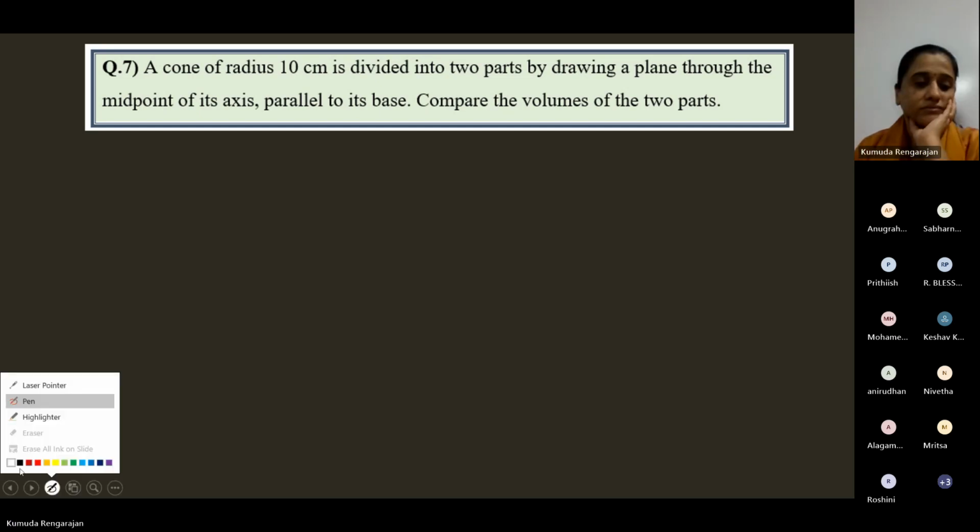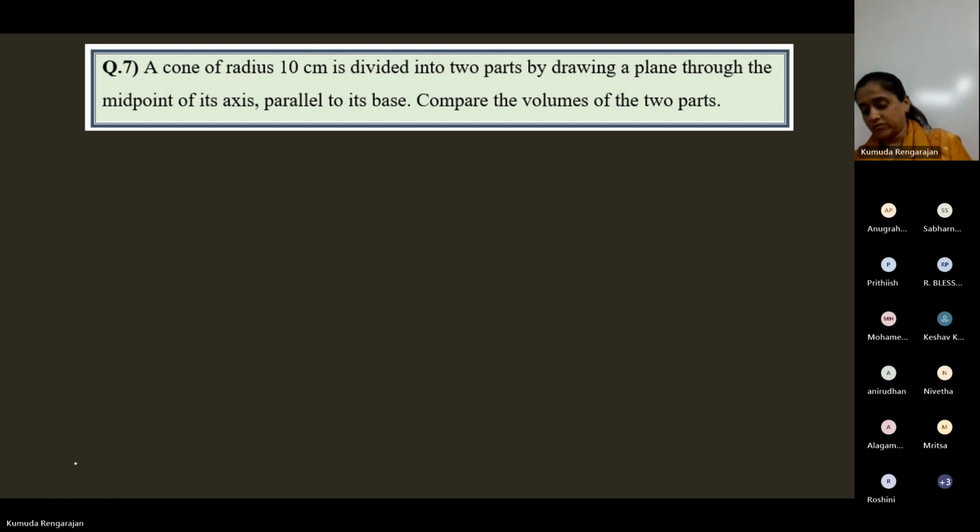I think we have to see the concept of similar triangles in brief to answer this question. Now, we know what is meant by congruent triangles. Two triangles are said to be congruent if their corresponding angles are equal and their corresponding sides are also equal.